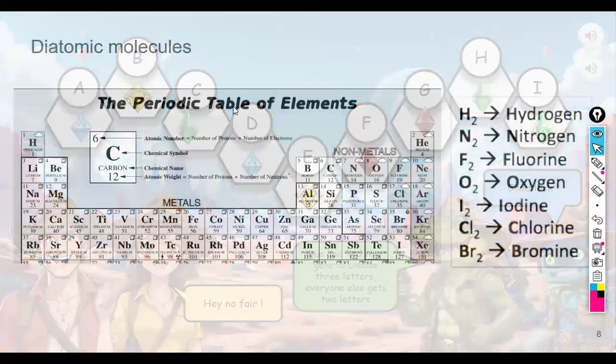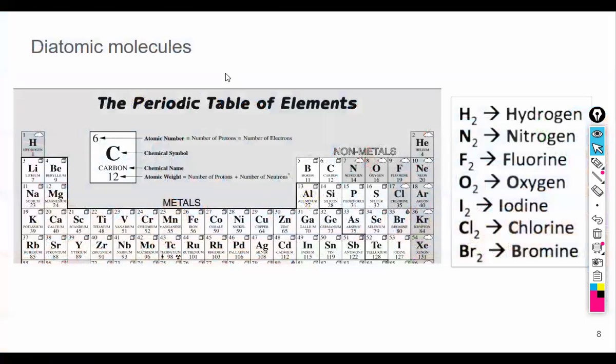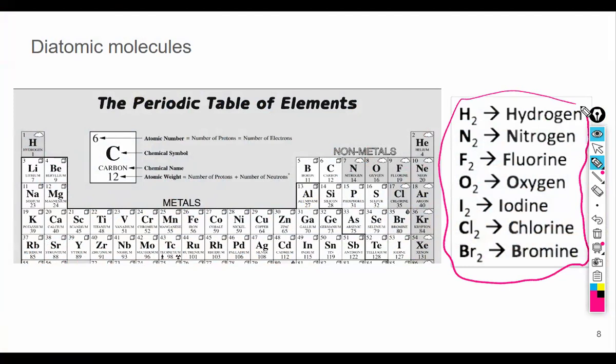All right. So this one here is very, very simple. Just remember your diatomic molecules. Remember things like hydrogen, nitrogen, but the list is over here, right? I don't want to repeat the same thing here. A lot of molecules, when neutral, exist as a pair. They're called diatomic molecules.